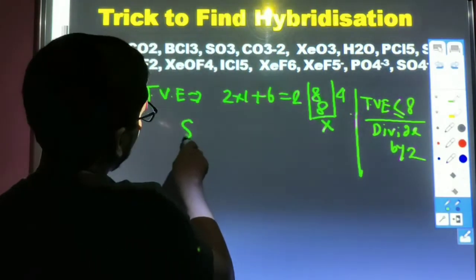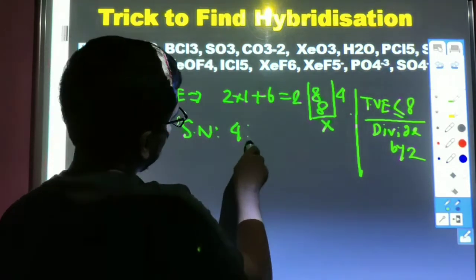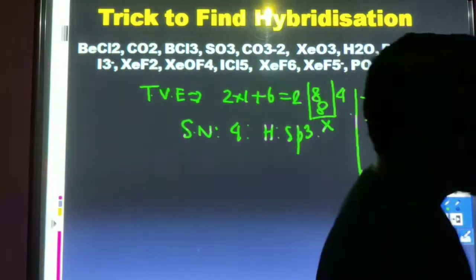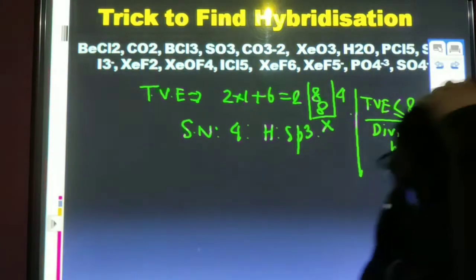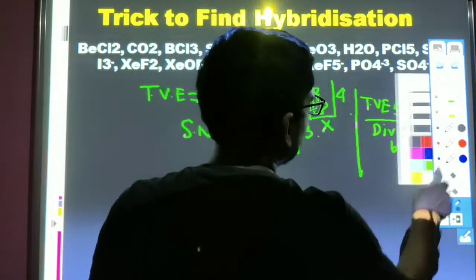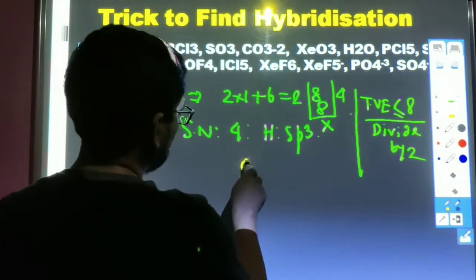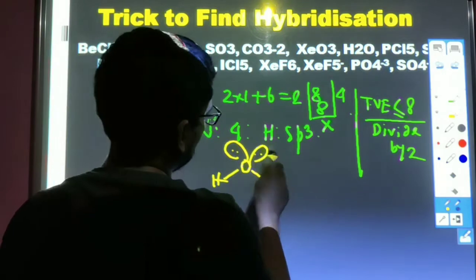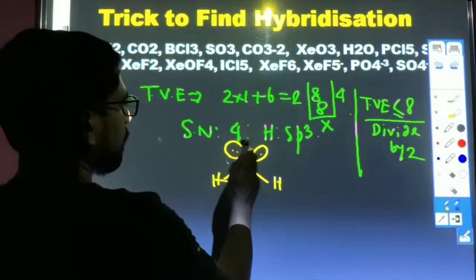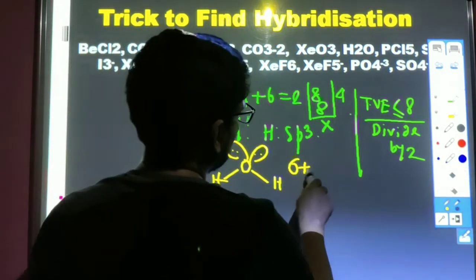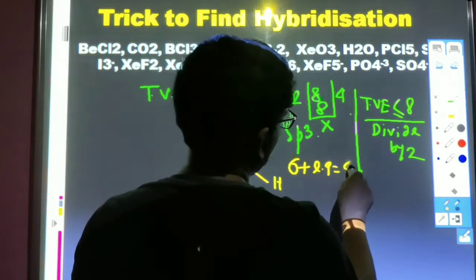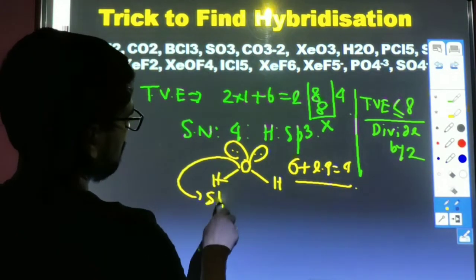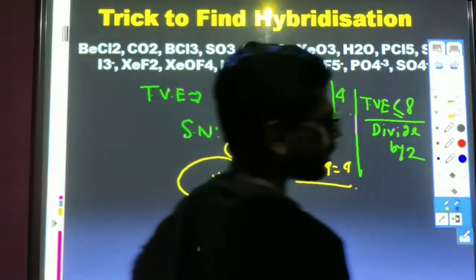So steric number is 4 and hybridization is sp3. Now if you draw the Lewis structure, you will get 2 lone pairs and 2 sigma bond pairs. So 1 2 3 4. So sigma plus lone pairs will give you 4, and that's why hybridization is sp3. So oxygen is sp3 hybridized. Done.